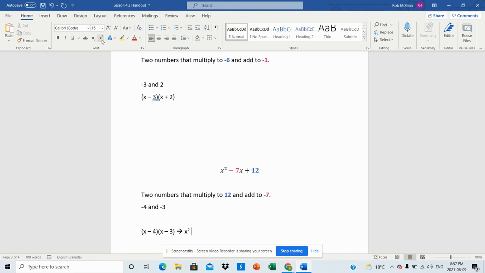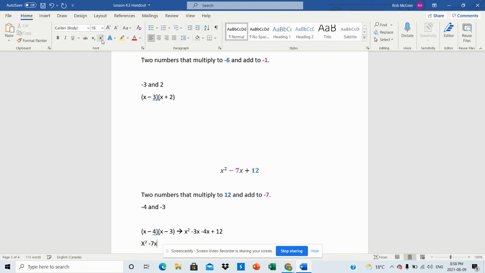X times negative 3 is minus 3x, minus 4 times x is minus 4x, minus 4 times minus 3 is going to give us positive 12.